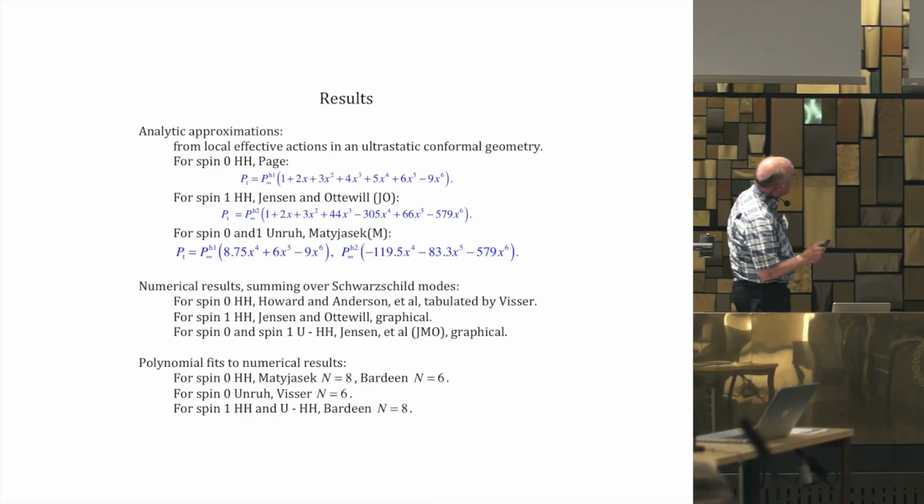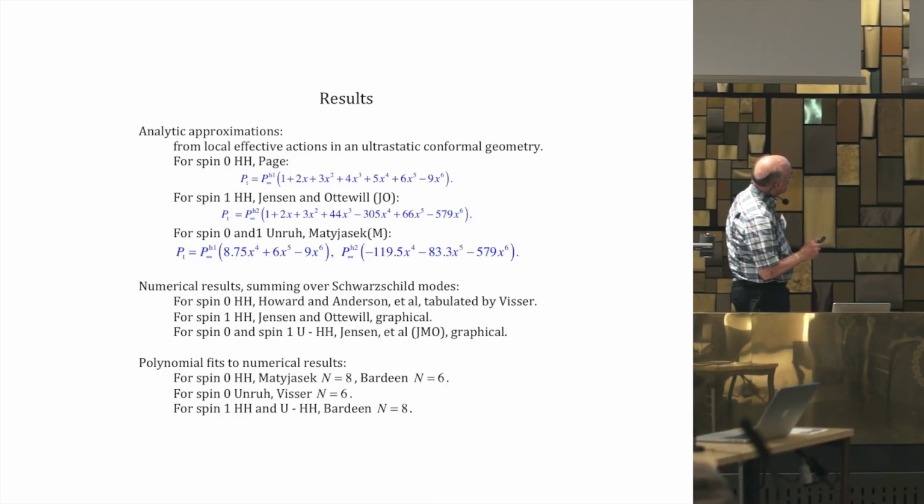Now, for spin 0, Visser includes both spin zero Hartle-Hawking and spin zero Unruh table results, and he did a fit for Unruh, and it makes it easy to do a fit as well. But for the spin one cases, one just has to rely on graphs, which, as you'll see, has some problems.